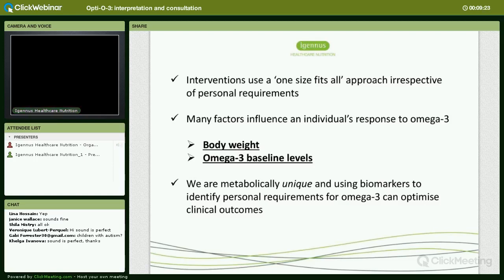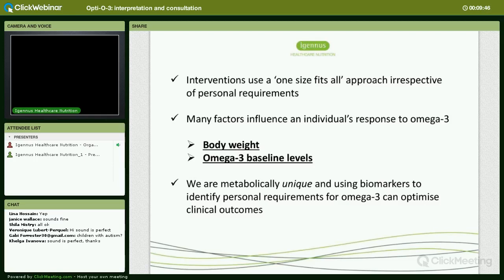The whole purpose of taking an omega-3 supplement is to raise our blood levels. It's not surprising that different people respond differently. So if I take a gram of omega-3 fatty acids, it's going to possibly have a different effect than if my client takes 1 gram of omega-3 fatty acids.